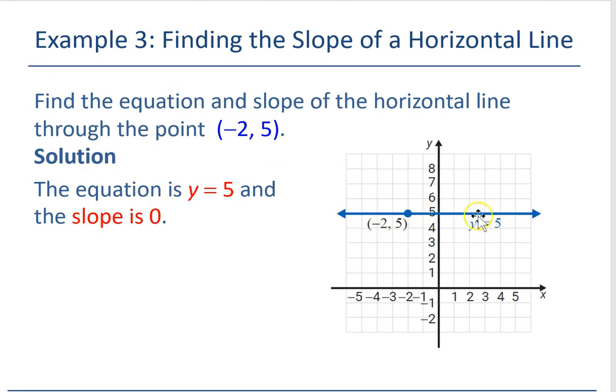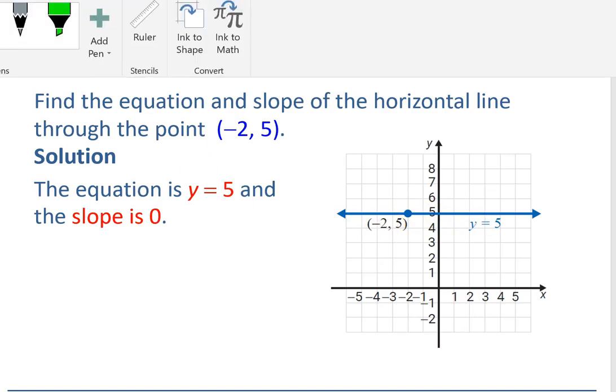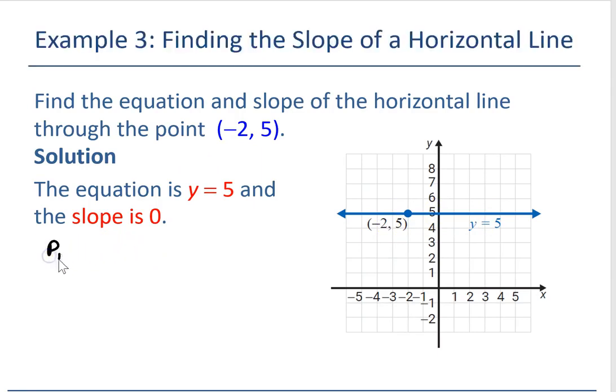Because no matter what I put in here, you could find another point on the line if you wanted to. So if I've got -2, 5, I'll prove this to you. Say my P1 is -2, 5. I could find a P2 very easily. Let's make it 0, 5.